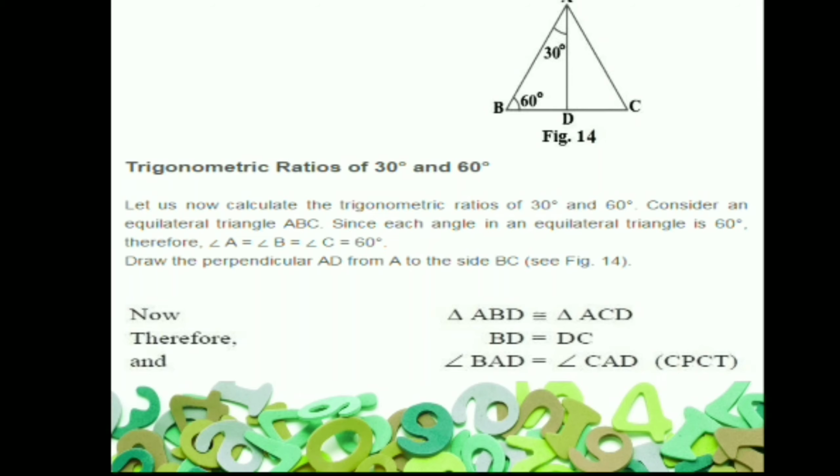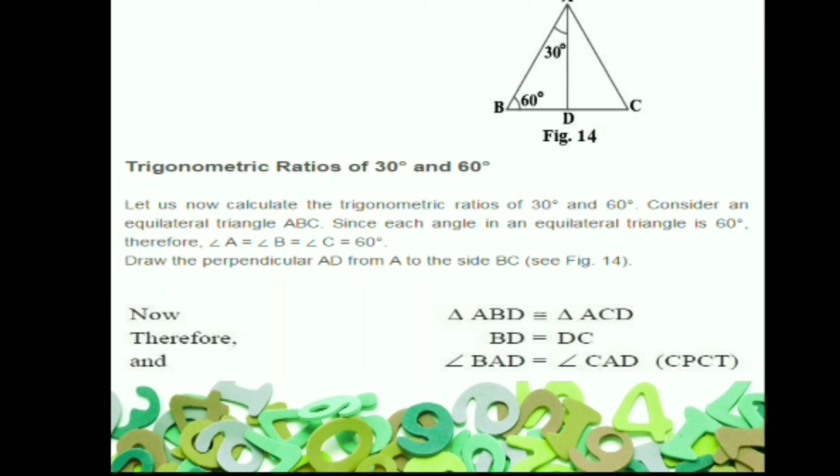Now we are drawing one perpendicular bisector from the angle A on BC. The perpendicular bisector means angle ADB is equal to 90 degree, and this bisector is dividing the angle A. So angle A was 60 degree, now it is 30 degree.